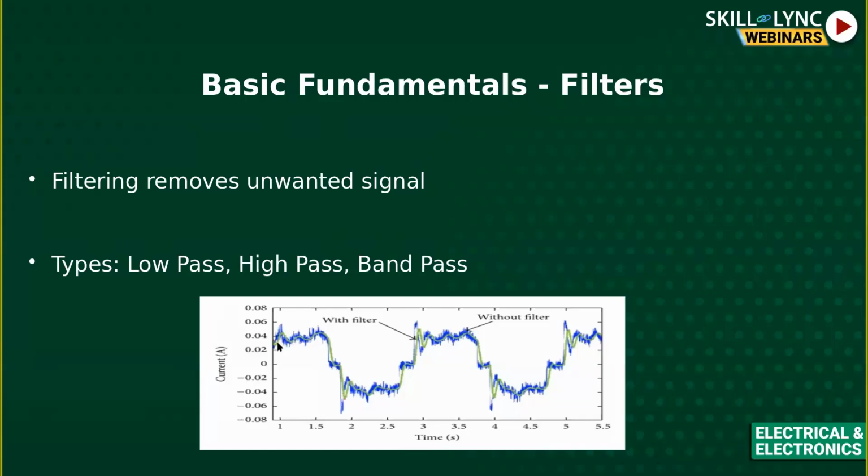And the waveform that you see here in green is the filtered waveform. You can see, because of filtering, the waveform has smoothened out quite a lot, and this could probably be driving another motor or some kind of useful output. So this is one of the applications of filtering. And there are lots of kinds of filters.